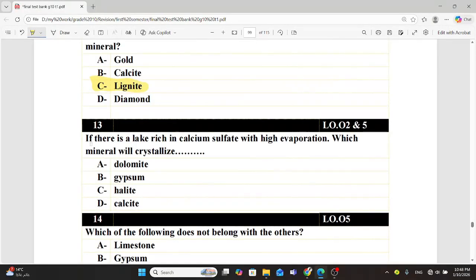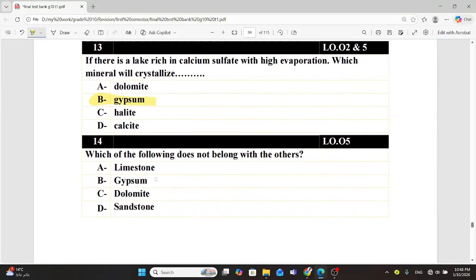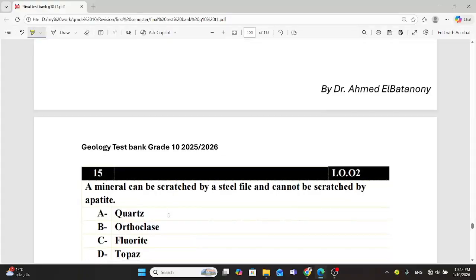If there is a lake rich in calcium sulfate with high evaporation يبقى which mineral will crystallize? الجبسوم. Which of the following doesn't belong with the others: limestone ولا gypsum ولا dolomite؟ لا sandstone not belong to the other types.